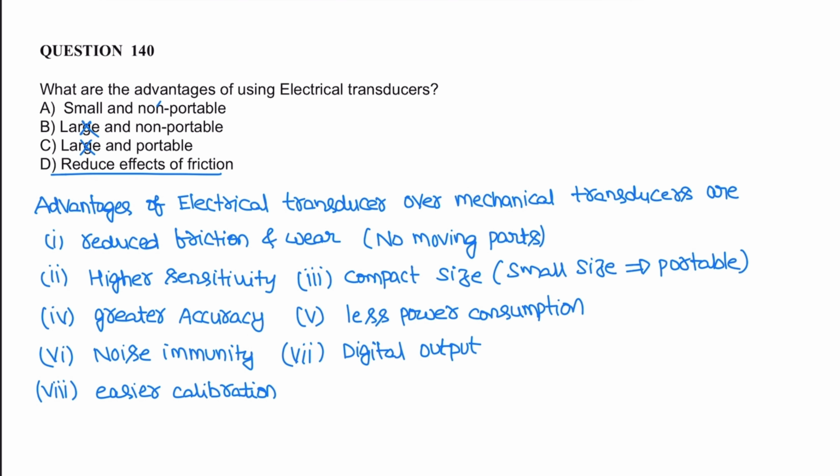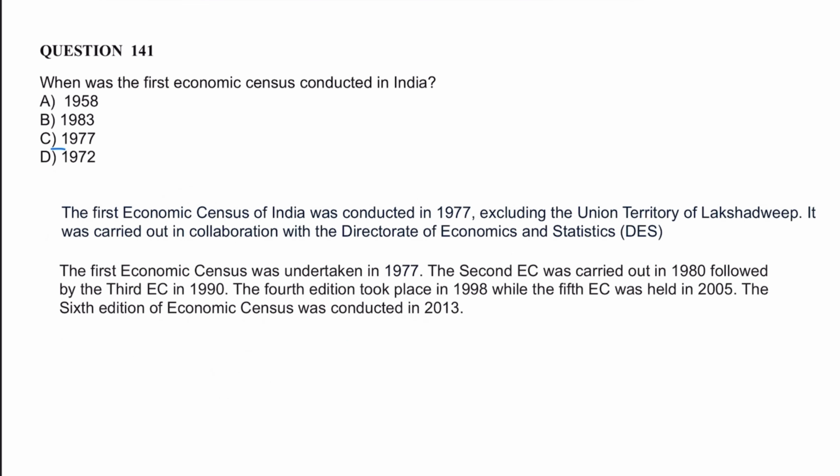Next question. When was the first economic census conducted in India? The first economic census of India was conducted in 1977, excluding the Union Territory of Lakshadweep. It was carried out in collaboration with the Directorate of Economics and Statistics.